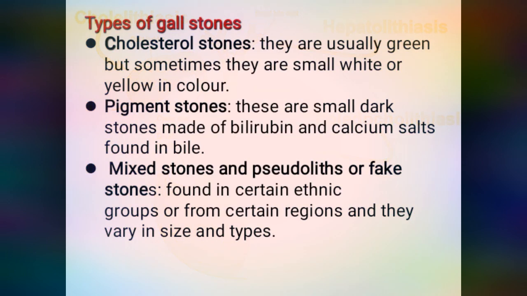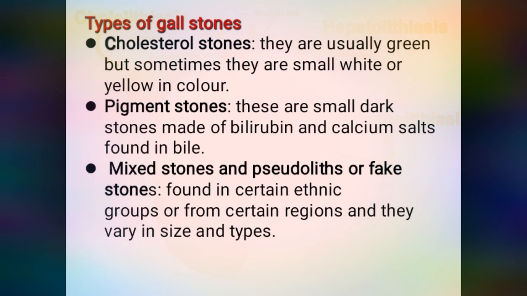What are the types of gallstones? There are primarily three types of gallstones that can be detected in cholelithiasis. The first one is the cholesterol stones. Before you talk about the cholesterol stones, what has to come to your mind is that most of these types of stones that we'll be talking about are named after their cause.